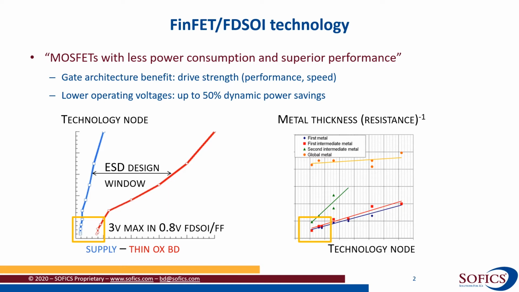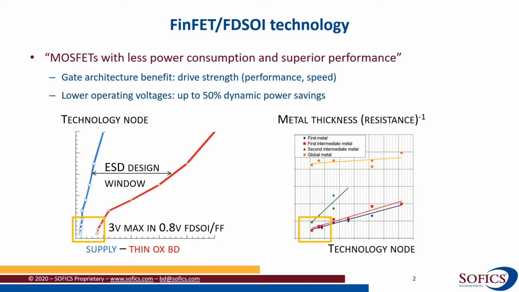If we go to the most advanced nodes, and for instance we focus on 0.8 volt FDSOI or FinFET technology core domains, we see that merely 3 volts is left of the ESD design window. That is rather small. Further making this worse is the trend of the metal thickness as technology nodes are declining.